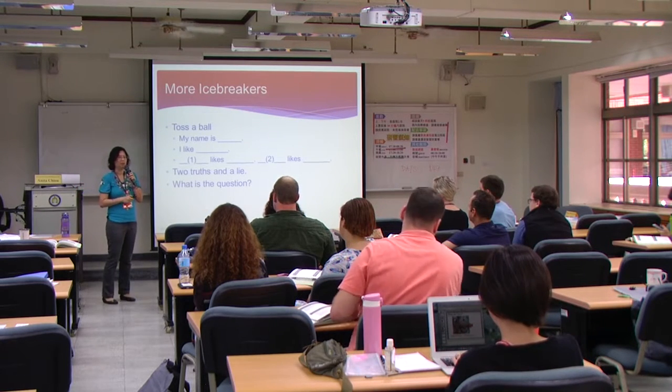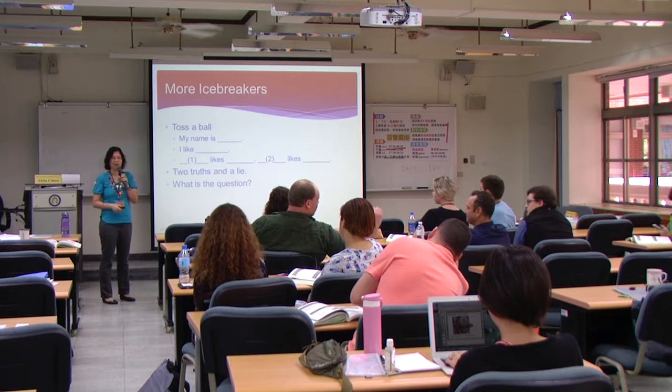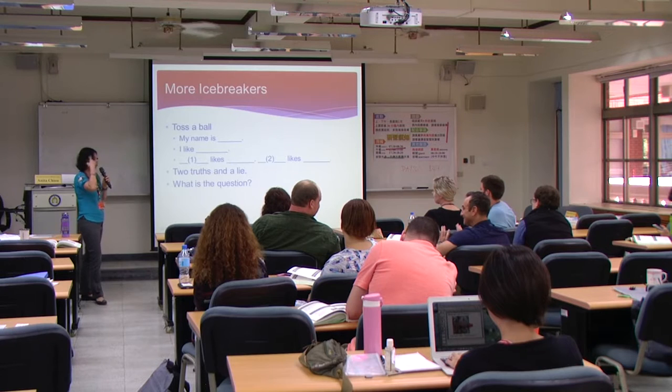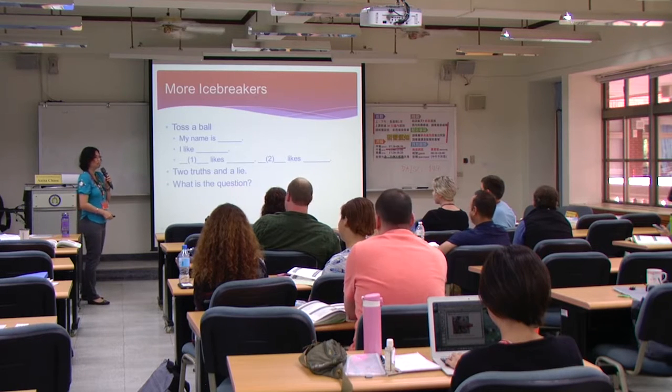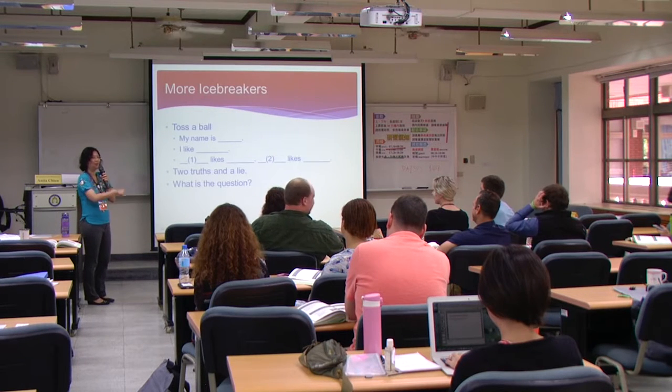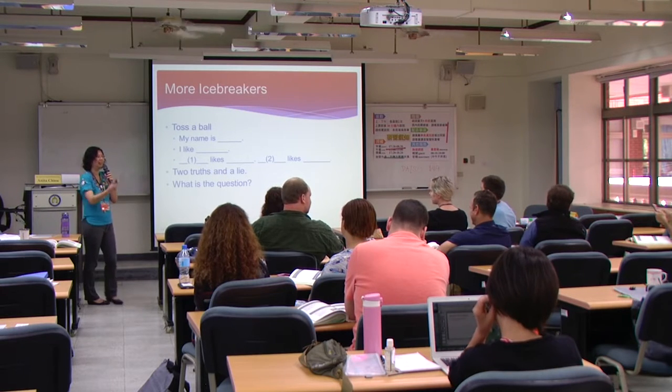How many children do you have? How many years have you been in Taiwan? Whatever. It gets them to practice thinking about questions. What is your favorite animal? What animal are you afraid of? Anything, you make it up.